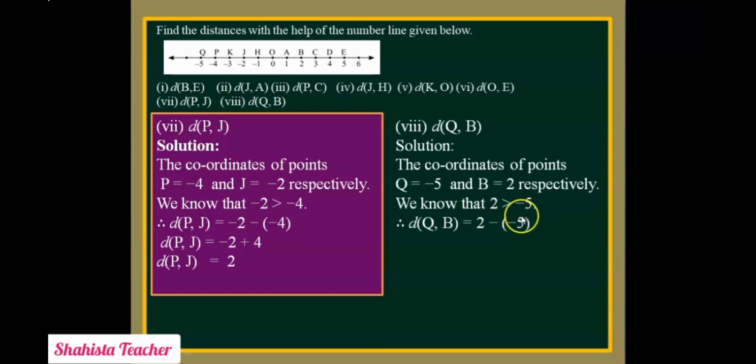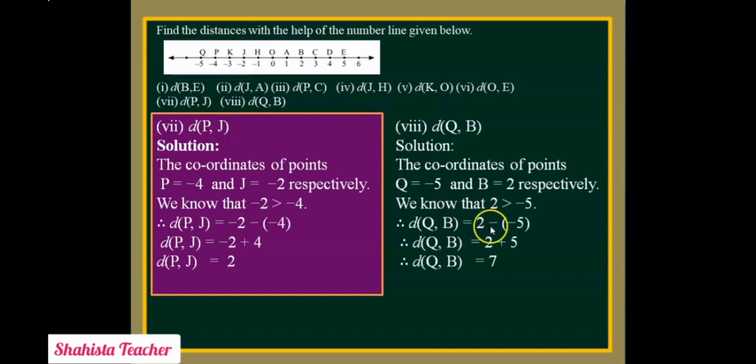Inside the bracket we will put here -5. So 2 minus minus gives us plus. Minus minus will become plus. So 2 plus 5 is equal to 7. That means distance of Q comma B is equal to 7. See, this minus is for the distance formula.